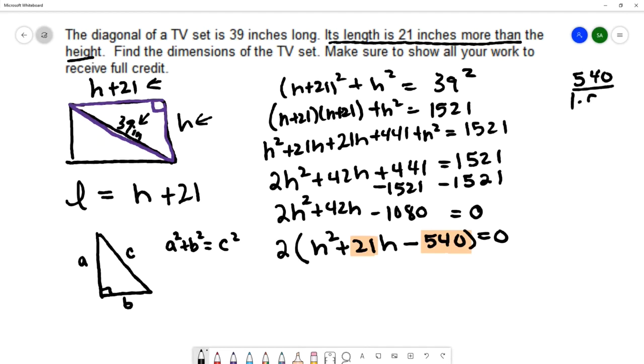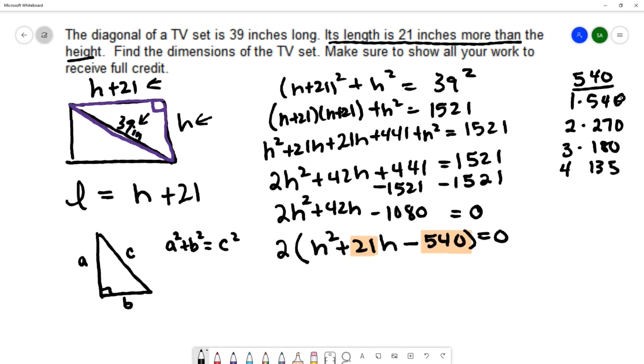That's 1 and 540. 2 goes into there, 270. 3 goes into there. I'm going to use my calculator to help. 540 divided by 3 would be 180. 4 will go in there. 540 divided by 4 will give me 135.